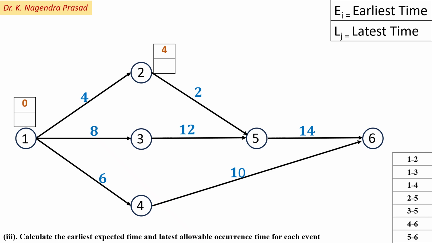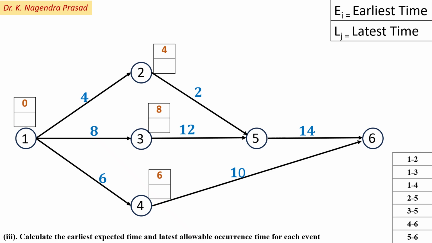Next for the activity 1 to 3, start at event 1 which is 0 and end at event 3 which is 0 plus 8, equal to 8. Next for the activity 1 to 4, start at the event 1 which is 0 and end at the event 4 which is 0 plus 6, equal to 6.